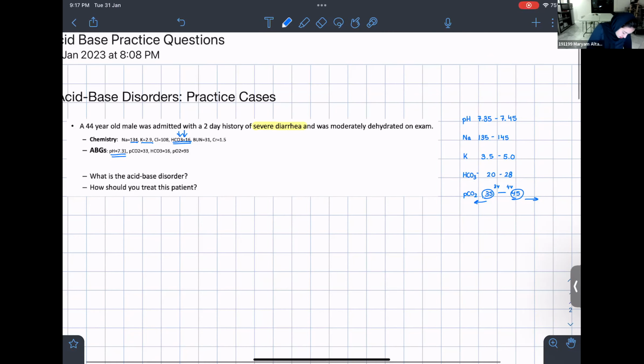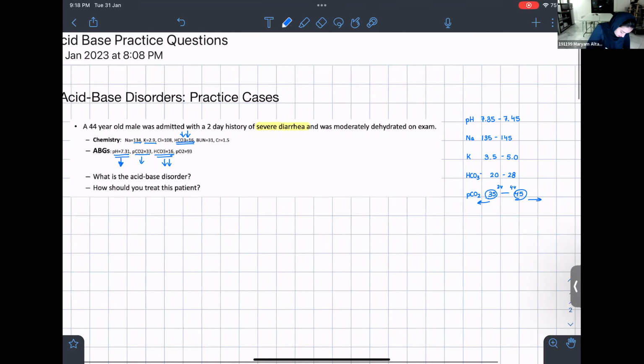So we know pH is low, that means it's an acid. PCO2 is what? Is it low? Is it high? It's low. Great. Slightly decreased. Now, HCO3 is low as well. All right, we said that from here.